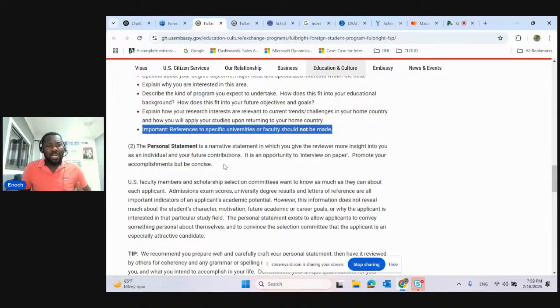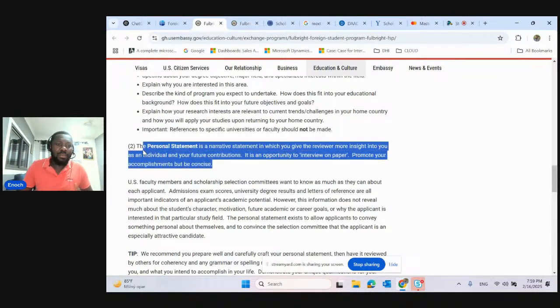Statement of purpose and personal statement. So when you have written the statement of purpose based on the set out rules, those things that you did not have the opportunity to include in your statement of purpose, you elaborate on them during your personal statement.